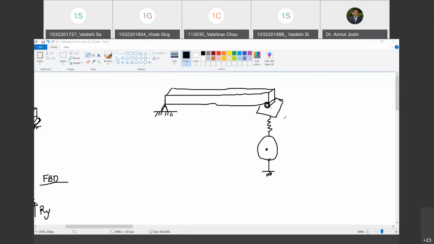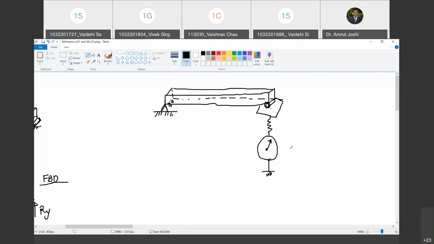Yes, sir. So we have a beam with hinge support on one side, roller support on the other side. And roller support in turn rests on a spring balance which shows you the reading of spring force.